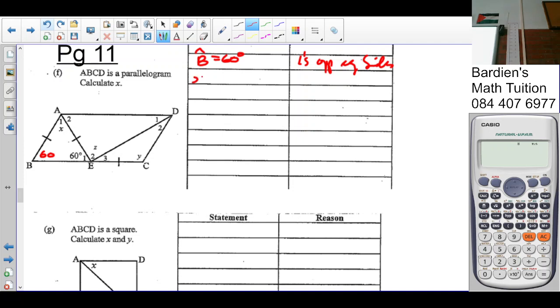So I say x plus 60 plus 60 equals 180. Why? Sum of angles in a triangle. It is triangle ABE. So x is going to be 180 minus 60 minus 60, 60 degrees. Okay.